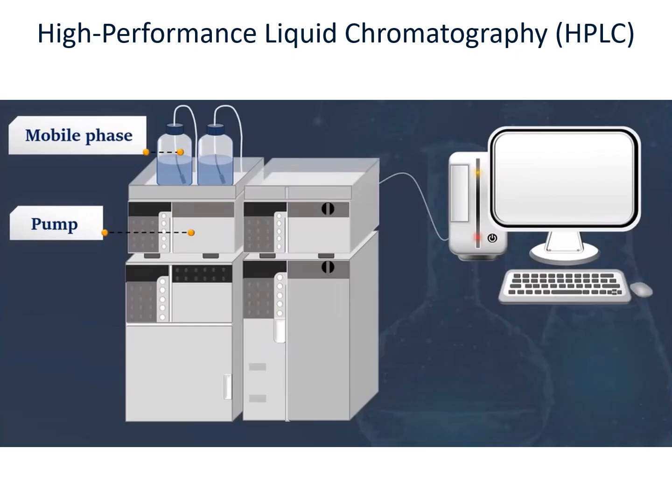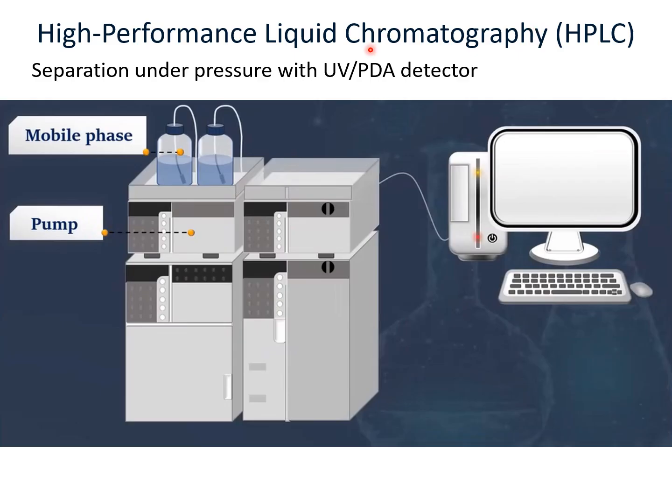The separated components are then detected and quantified using ultraviolet detector or photodiode array detector, which will send information into a computer software that can be detected on the screen. Now, this is a typical HPLC.